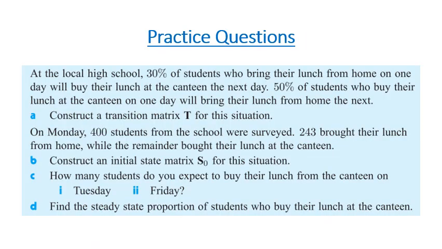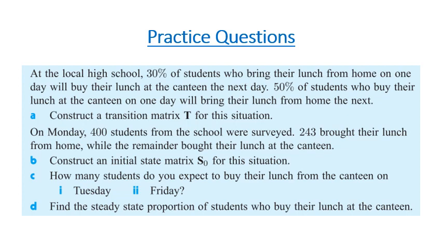Okay, so here's a practice question I'd like you to have a go at. It gives you some various information about a local high school. Some students bring their lunch from home and some students buy their lunch from the canteen. It does give you enough information to work out your table and then your transition matrix from there.